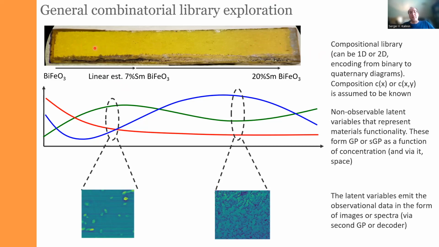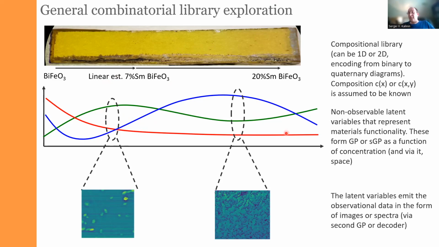We know that another parameter can be octahedral tilts, which is also something we can measure. But there can be other parameters, for example, the true concentration, oxygen vacancy concentration, the detailed physics mechanism. So it's a reasonable assumption that there are some latent variables that represent the concentration-dependent physics of the system.